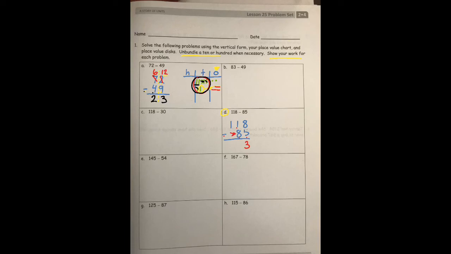I have more on the floor, which means I need to go next door. So I need to go to the neighbor and borrow 1. Oh, well, there's only 1 here. So if I take 1 away, that actually becomes 0 because I took 1 away.